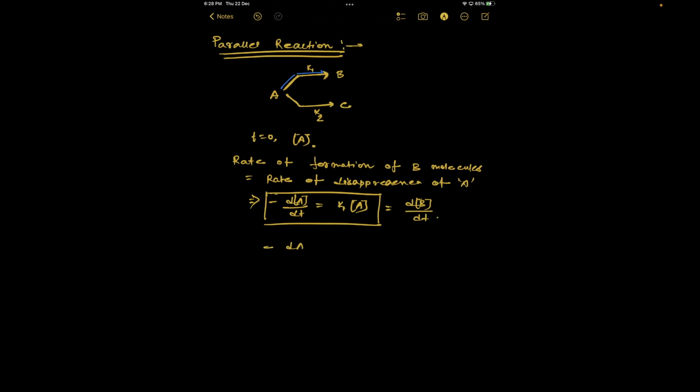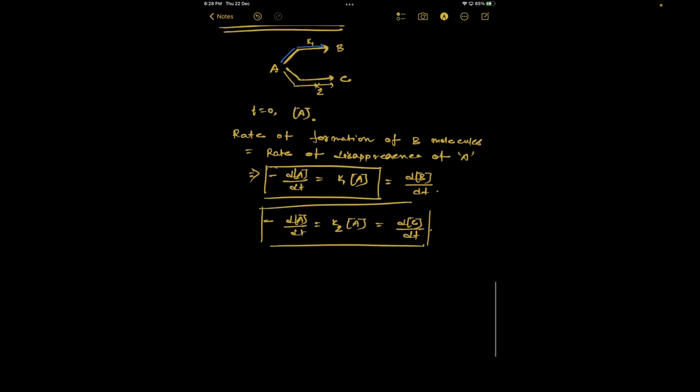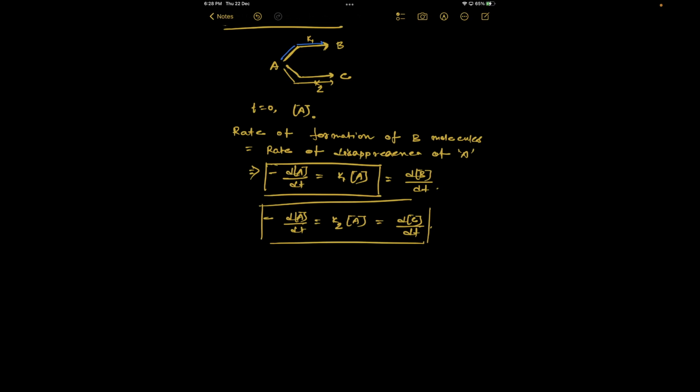Similarly, minus dA/dt will also be equal to K2 times A for this pathway, which will be equal to dC/dt, the rate of formation of C molecule.